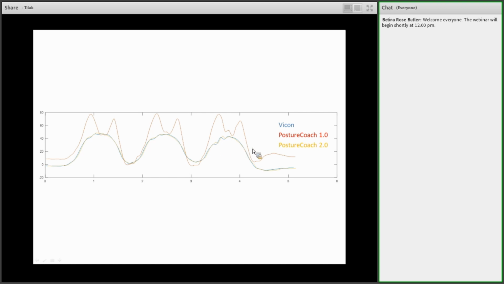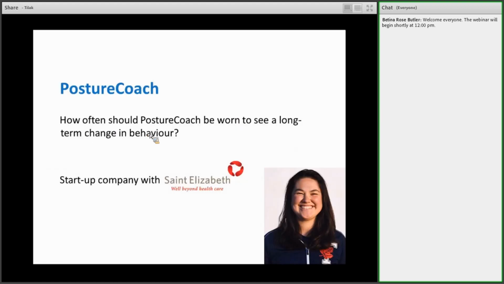You can see how closely we can follow the bending angles now with PostureCoach version 2 than we could with version 1. Version 1 was causing all sorts of false activations that really would have made the system completely unusable in the field.